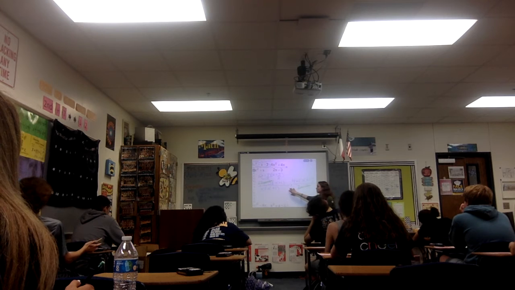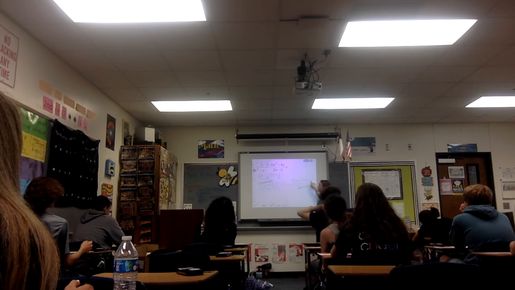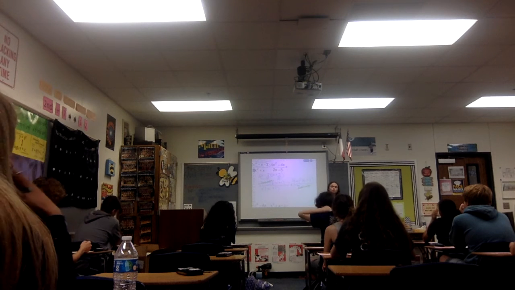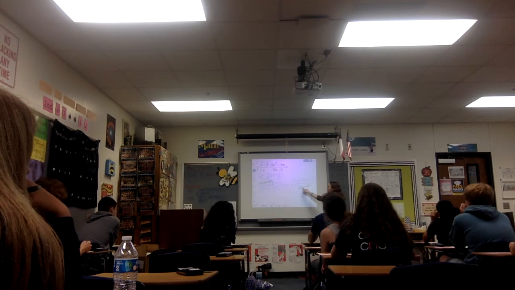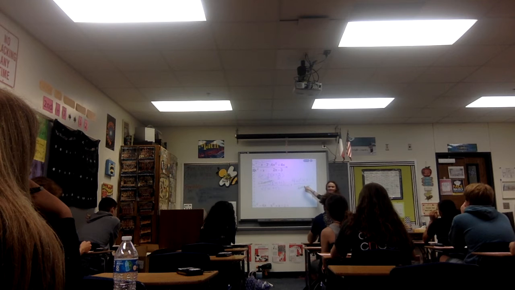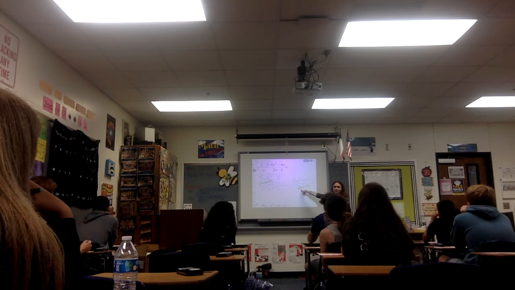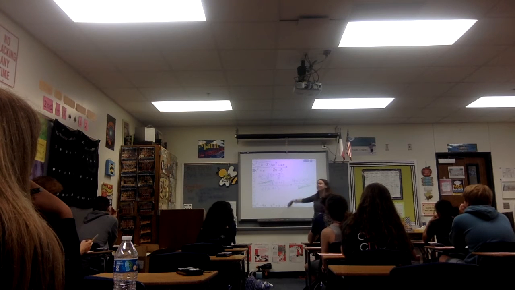So if we wanted to, we could rewrite this as all of this is one numerator and all of this is one denominator. But to save time and work, I'm just going to leave it here and we can cross out diagonally. You see that? So on the other ones, we're crossing out up and down. Here we can do diagonally as well when we're multiplying. Does that make sense?